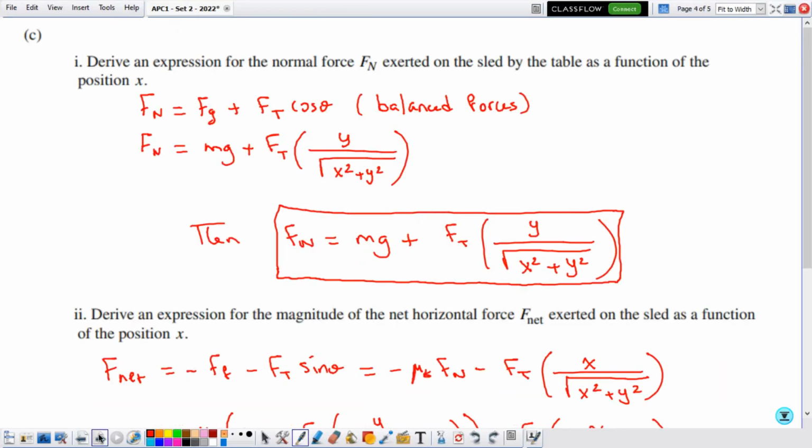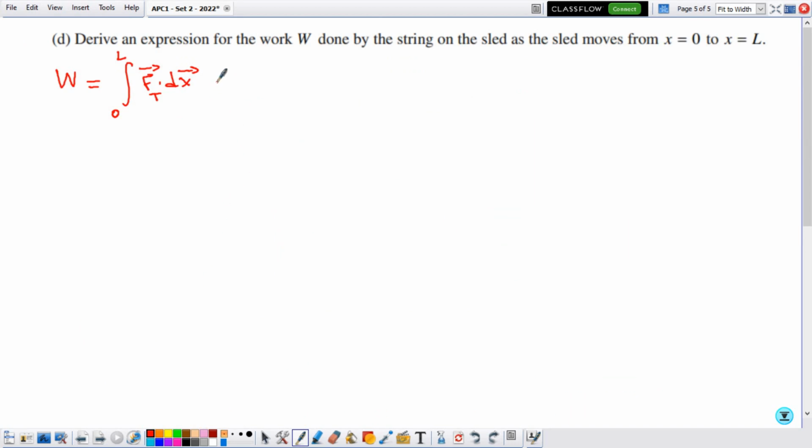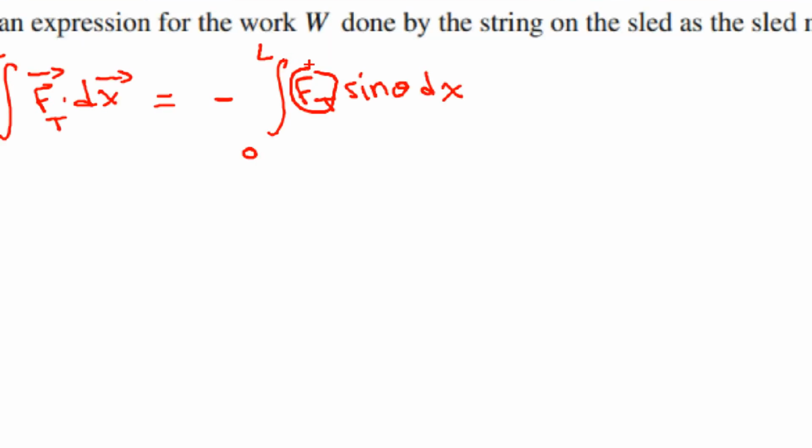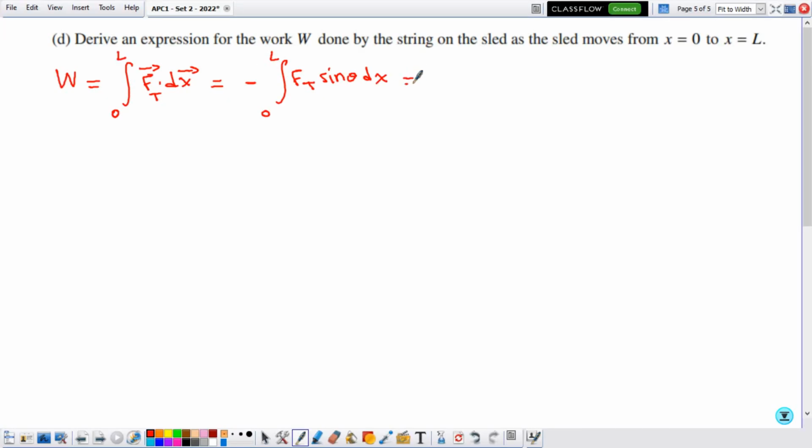Then that would be minus the integral from 0 to L of Ft, the sine theta function, multiplied by dx. Now Ft is a constant, so it can be safely taken out of the integral, so that would be minus Ft, the integral from 0 to L.